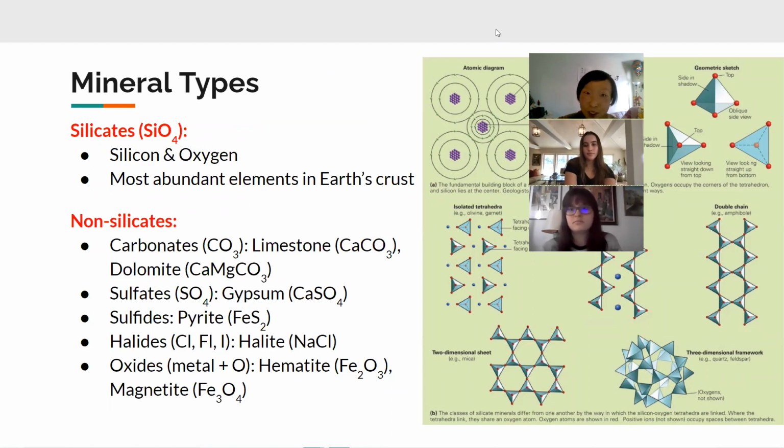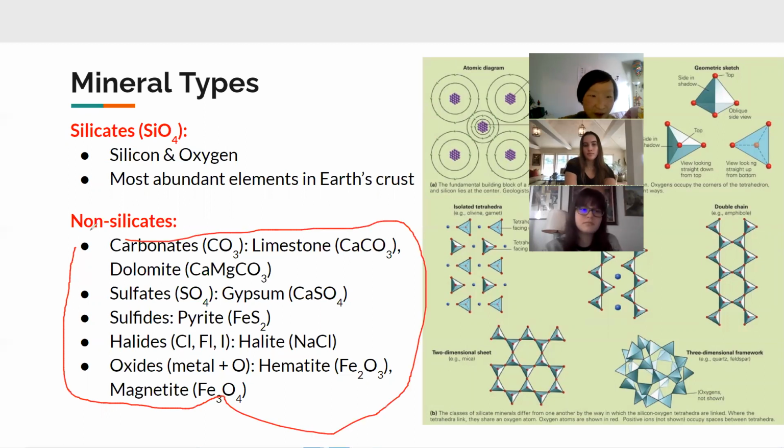But in your textbook, you have a big chunk of paragraph showing you the valuable characteristics or commercial use of those non-silicate minerals. Very interesting to read. So that is information in your text.